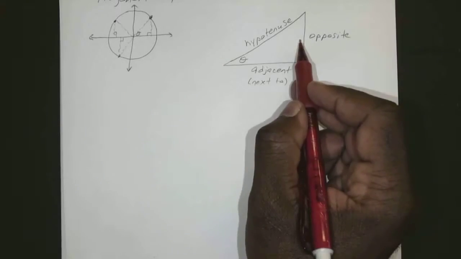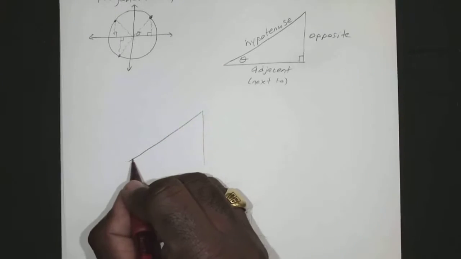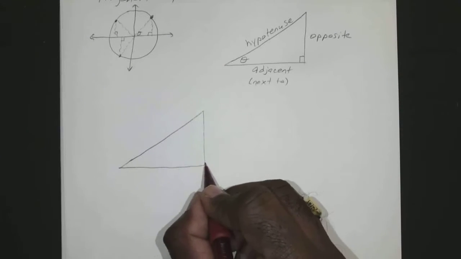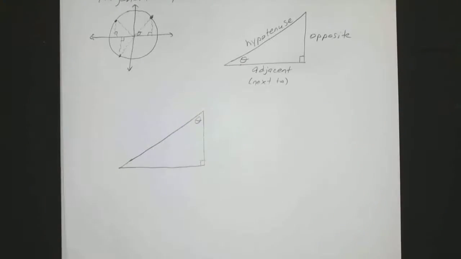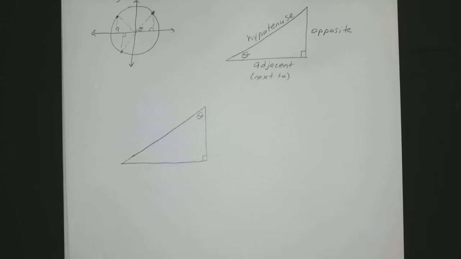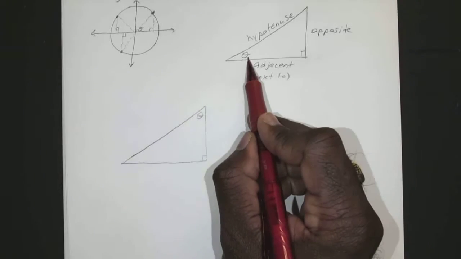Okay. So if our right triangle looked like this, and instead of our theta being here, our theta was up here, then this would be our adjacent because it's next to theta.